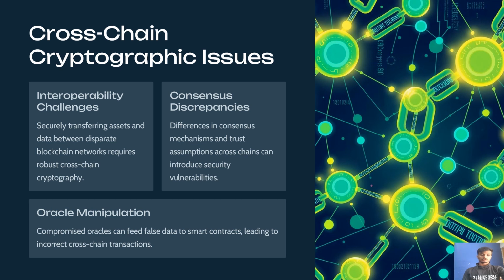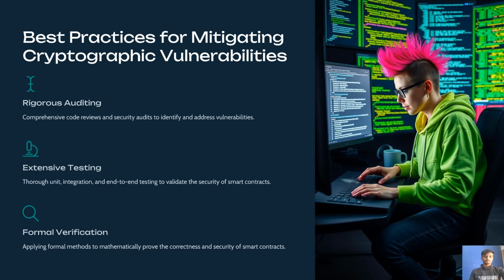Next are consensus differences: differences in consensus mechanisms and trust assumptions across chains can introduce security vulnerabilities. Third is oracle manipulation: compromised oracles can feed false data to smart contracts, leading to incorrect cross-chain transactions.